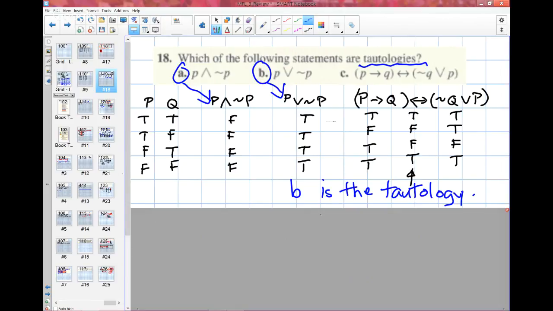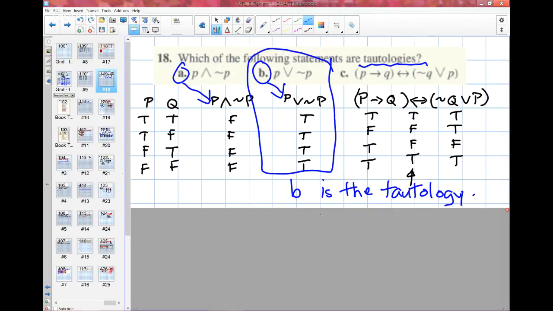Yeah, I would say, if you could show your truth table. Actually, Michelle, if you just showed me that came out to TTTT, that's enough. I would give you full credit. I was just asking. Thank you.